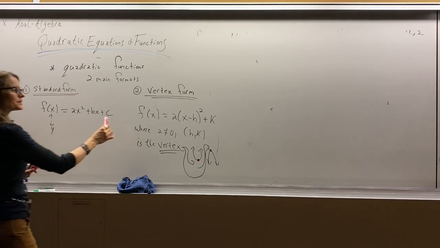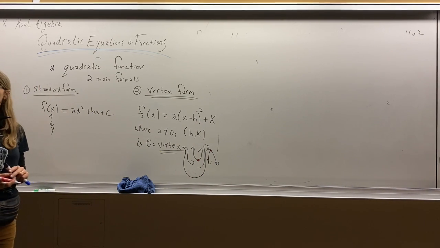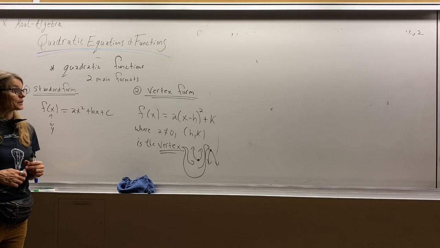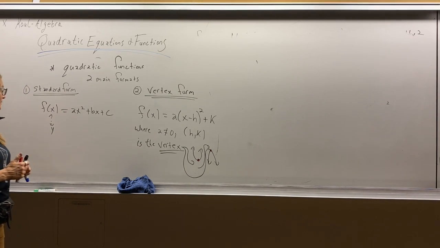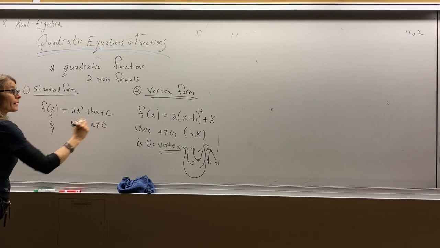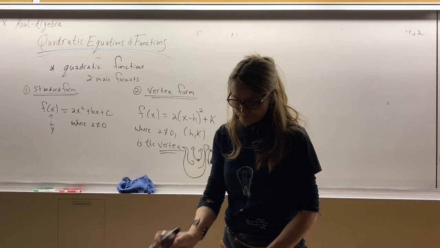So this format is really nice if you're graphing because you can pick out what the vertex is. It's also really nice when you're trying to solve an equation given that format. You could use your square root property there. And one more thought here, just a reminder that a is not equal to 0 here as well. Okay, so that's a lot of stuff in your overview.